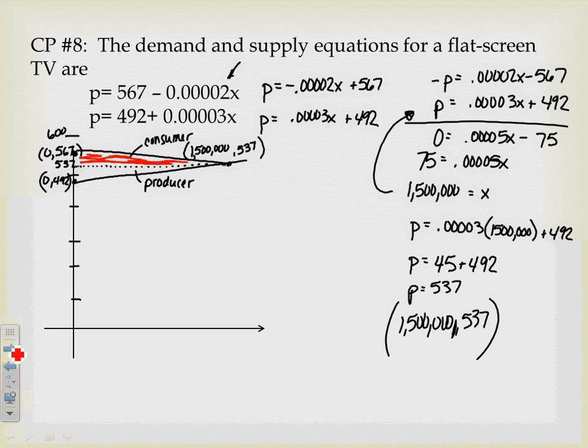We can find that with 1/2 base times height, which is the area for that region. All right, so from here to here, that's the base of your triangle. So you've got from 567 to 537, so we have a length of 30.